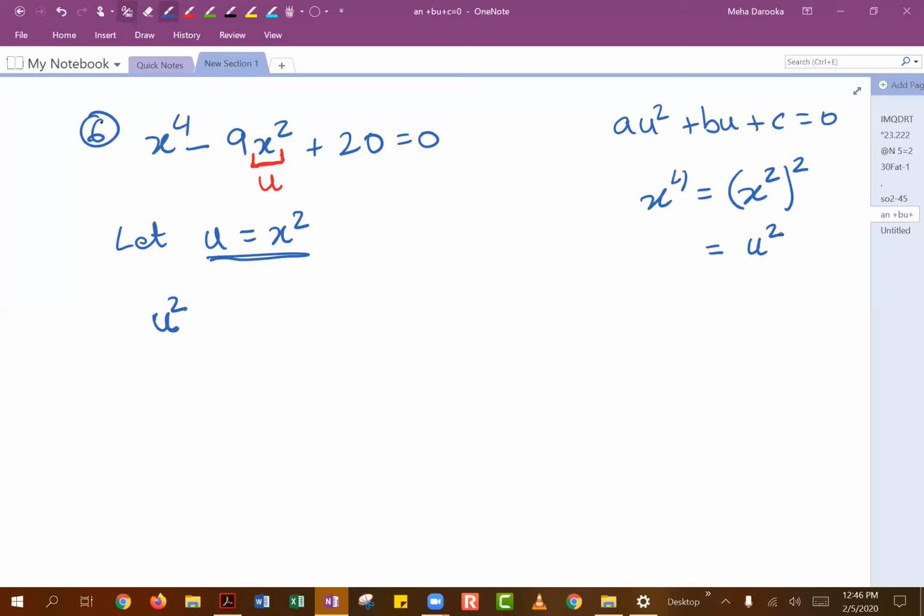So this will become u squared for the first term, minus 9, which was our coefficient, times u in place of x squared, plus 20 stays the same, equals 0. We're literally just substituting in our equation. This will just be scratch work here. So instead of x now, we're using u as our variable, and we'll come back and clean that up towards the end.